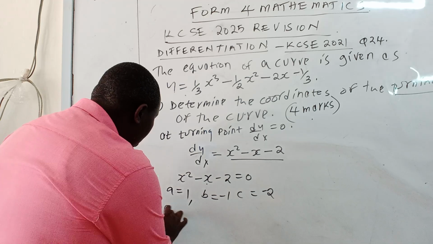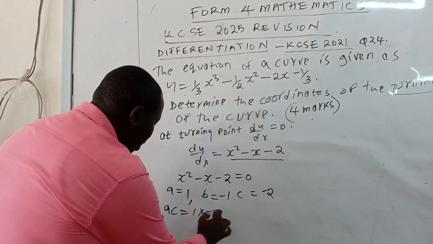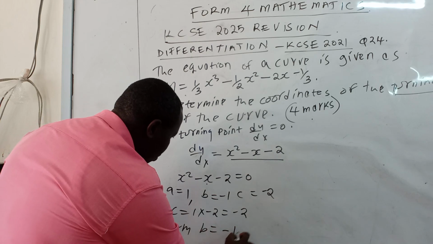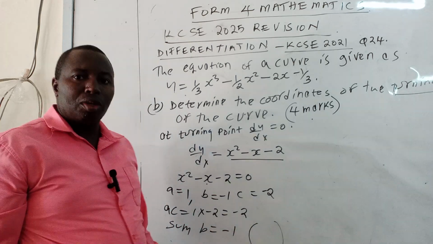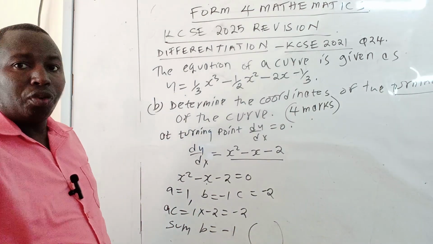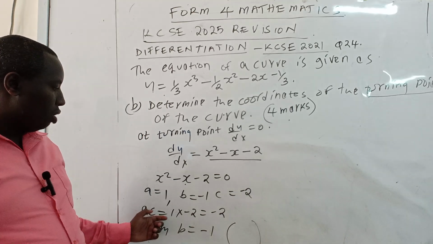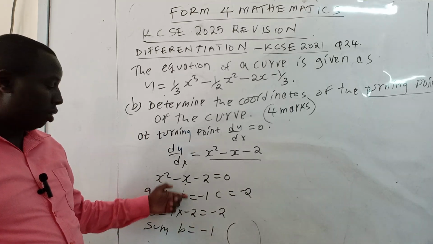So you use the product ac, 1 times negative 2, that's negative 2, and the sum will be equal to b, which is negative 1. So we are using the sum and product method, solving by factorization.